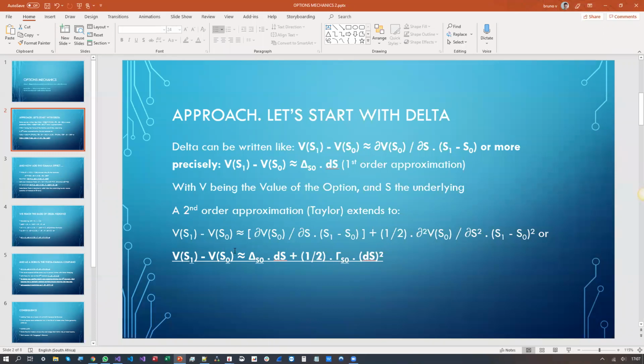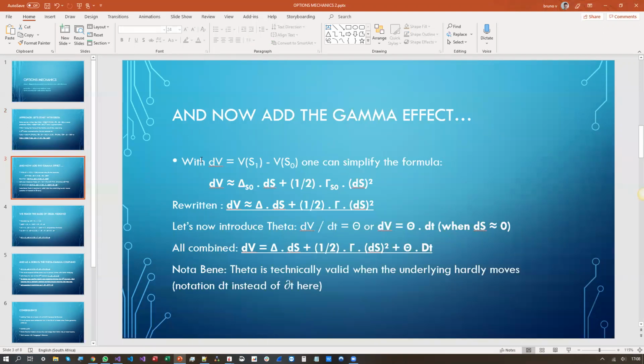So basically, the difference in price of an option is delta multiplied by the variation of the price of the underlying, plus half of gamma dS squared. This is not really complex mathematics, and Taylor is, for anyone who studied a bit of math, a first-year university kind of thing. So now, with the gamma effect, we simplify the formula.